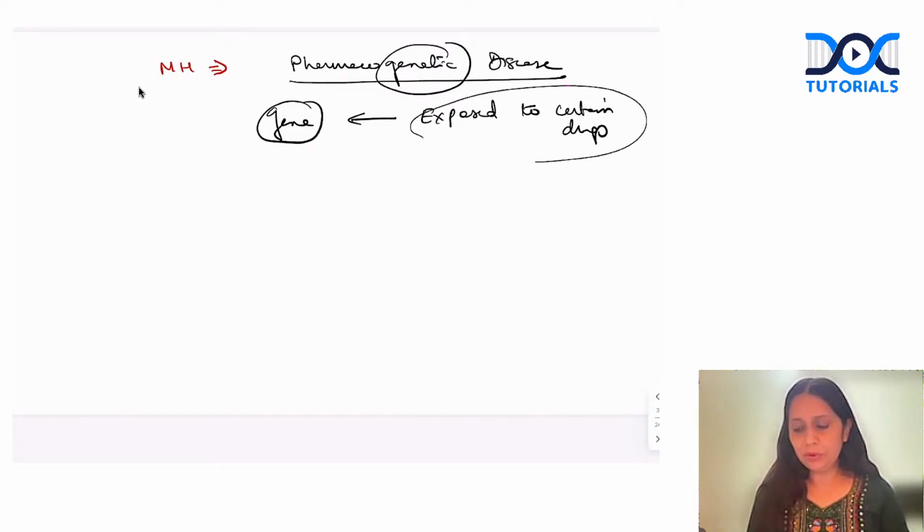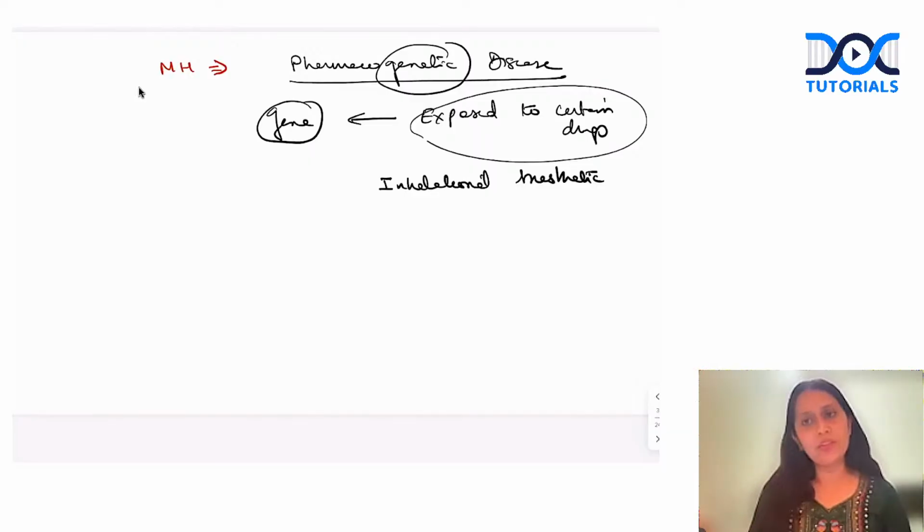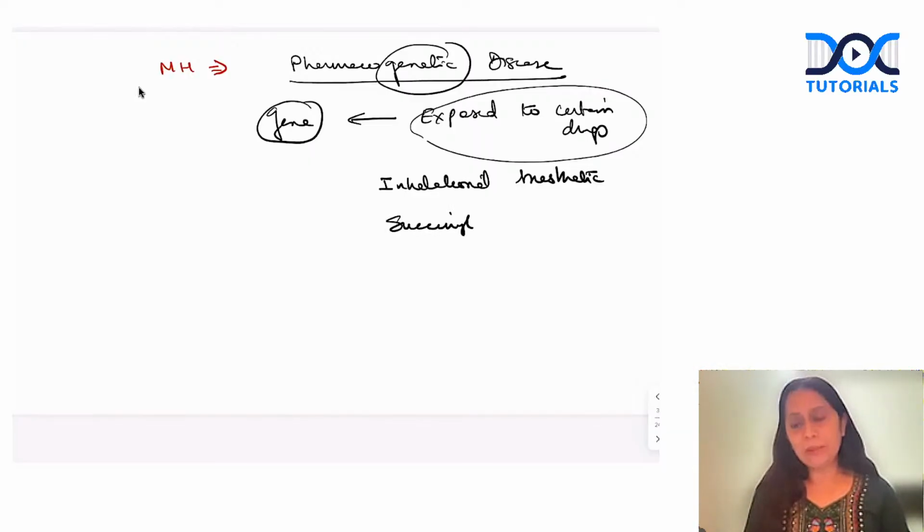Drugs like the inhalational anesthetics, which has been asked so many times: halothane, isoflurane, sevoflurane, they trigger malignant hypothermia. Succinylcholine, a depolarizing neuromuscular blocking agent, also triggers malignant hypothermia. These are the two major triggering drugs.